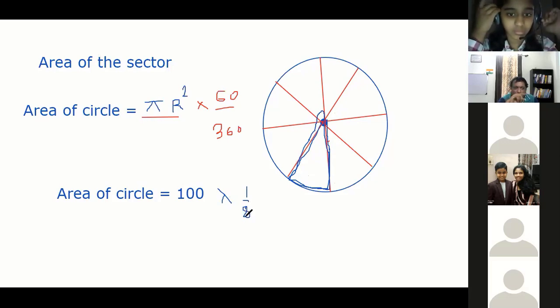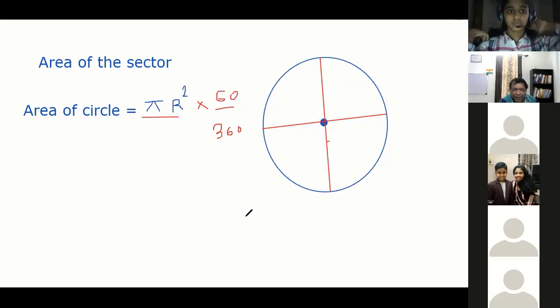Or you are saying the whole 360 degrees divided into small parts. When I divide into 4 parts, tell me, Kripa, how much is the full angle? 360 degrees. So how much will this angle be? 1/4, so 90 degrees.